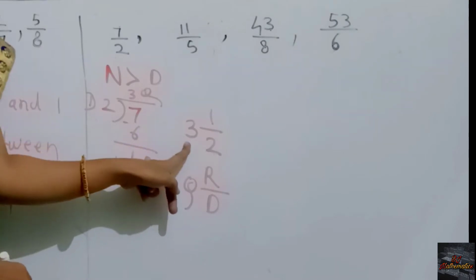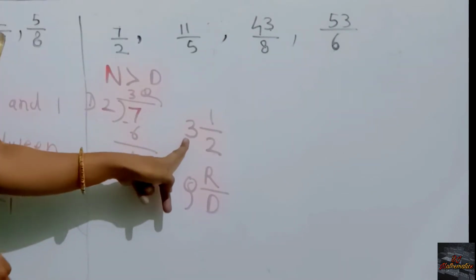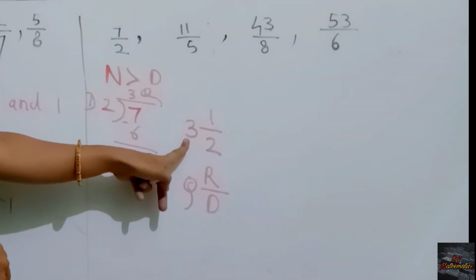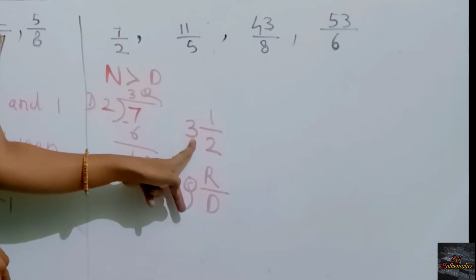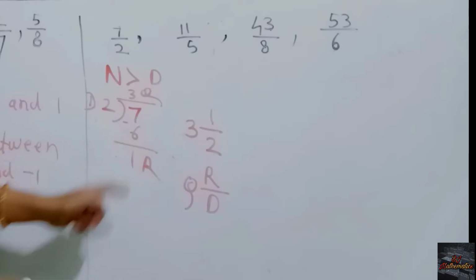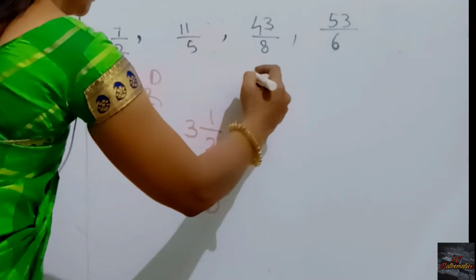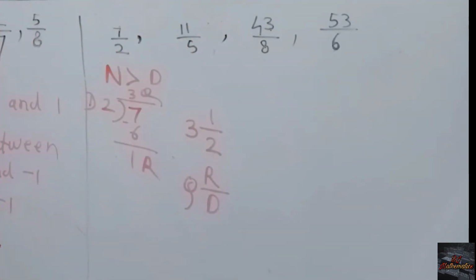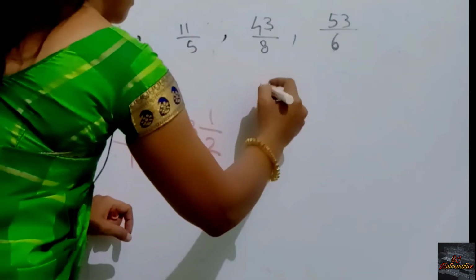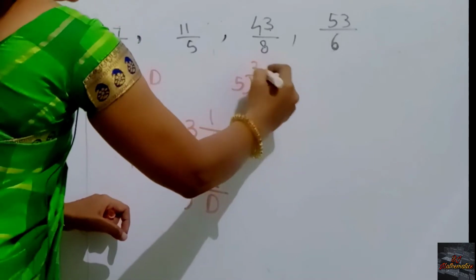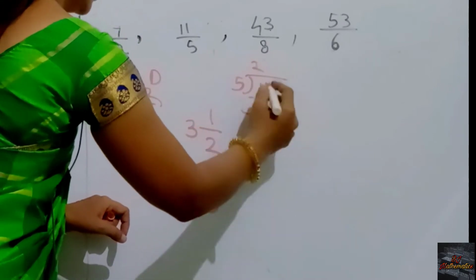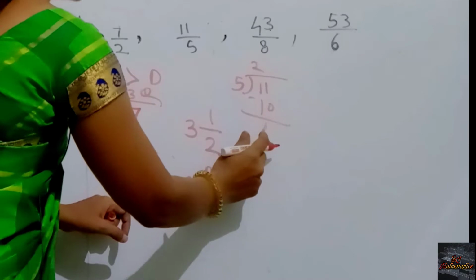And the number next to 3 is 4. Means 7 by 2 lies between 3 and 4. Now 11 by 5. Convert 11 by 5 to a mixed fraction. Divide 11 by 5. 5 2s are 10. 11 minus 10 is 1.